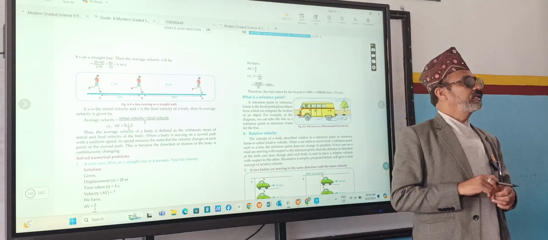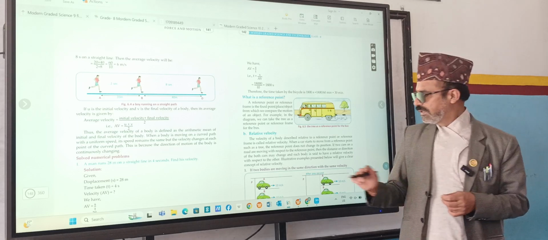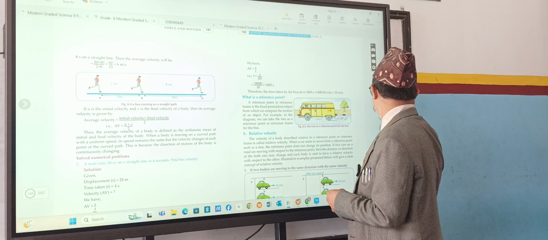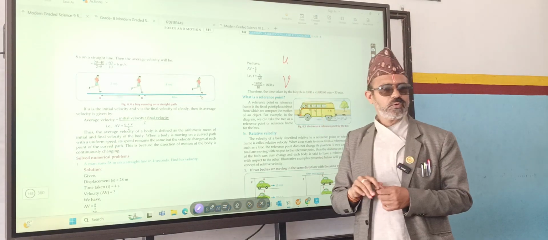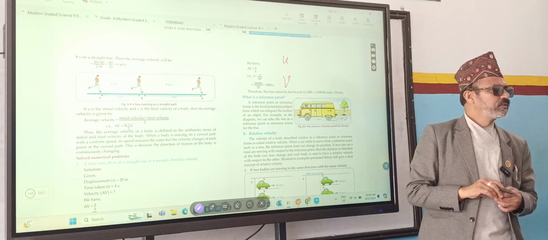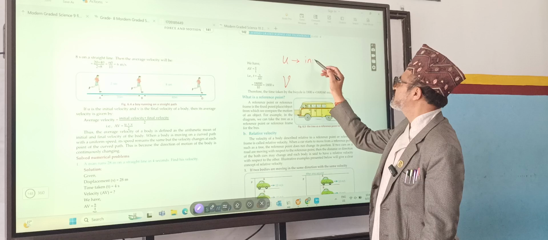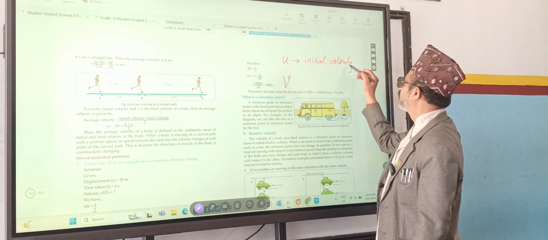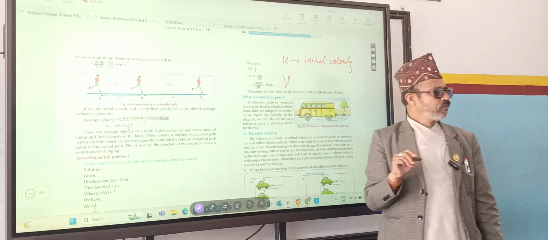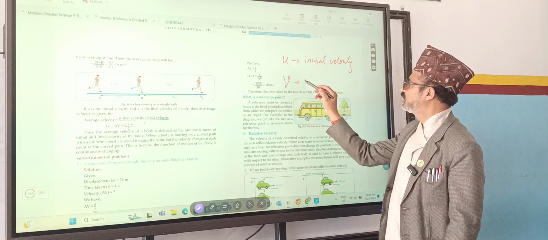But there is another formula of average velocity also. Here we have to remember U and V. What is U? What is V? U is initial velocity. V is final velocity.